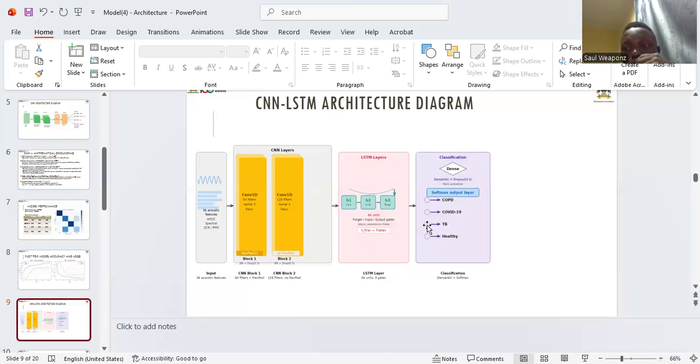The forget gate helps to disregard irrelevant memory. The input gate stores new information. The output gate controls what passes forward. Then from there, we head into the dense, dropout and then the softmax, where we output probabilities for the classes.